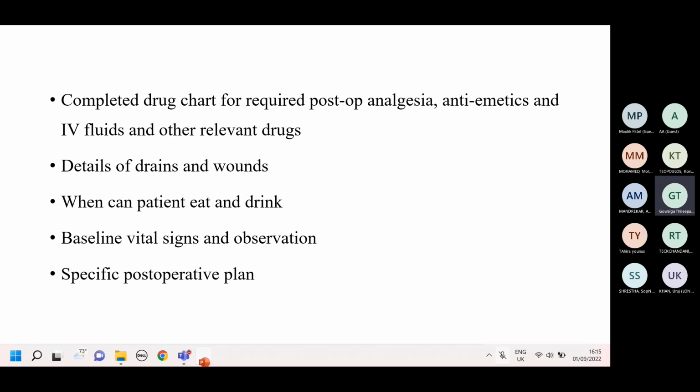The baseline vital signs and observations should be documented in the chart. You also ask specifically for a specific post-operative plan: some patients need deep sedation to be kept, and sometimes some patients need paralysis.